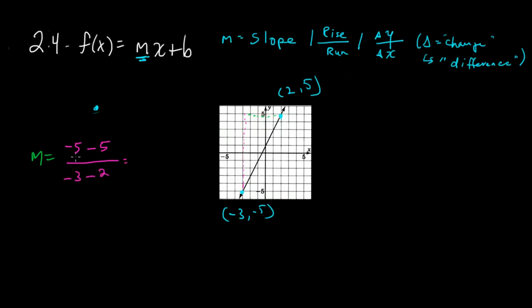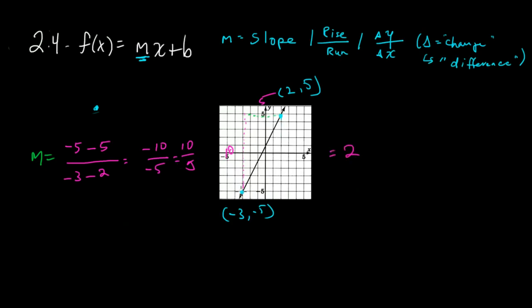And when I do that subtraction, I end up with -10 over -5, which simplifies to, because that's where I went. I went up 10 first, and then I went over 5, right? Because a negative divided by negative is a positive. So basically that's 10 over 5, right? But notice that 10 over 5 is the same as 2, or 2 over 1.